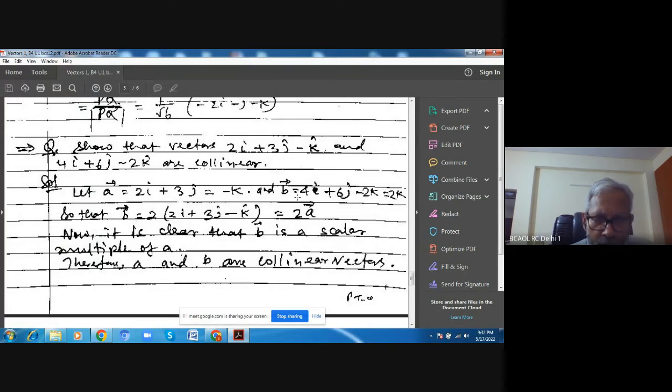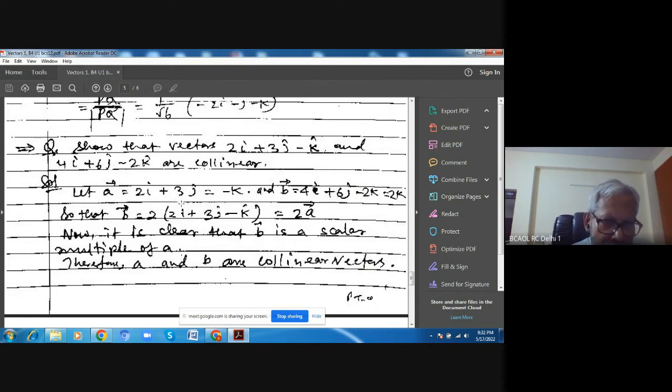So if you see, it is clear: 4i + 6j − 2k and 2i + 3j − k. Somewhere some similarity is there, because if we multiply 2 by 2 it will be 4. If we multiply 3 by 2 we will get 6.